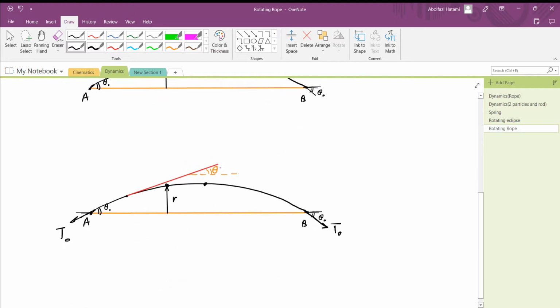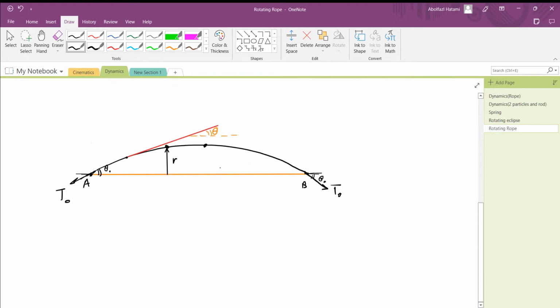As I was saying, from the definition of the center of mass, we can suppose that all the external forces are applied at the center of mass.